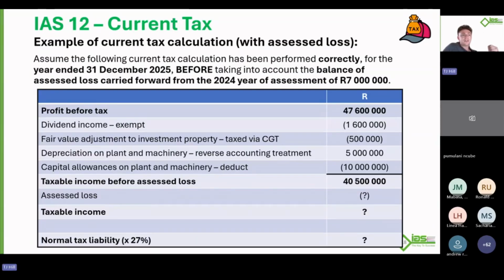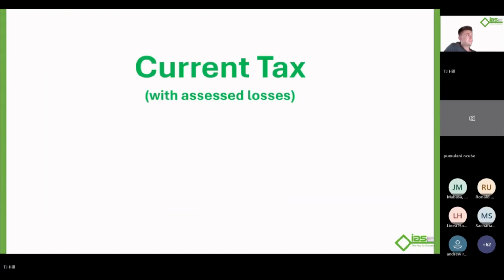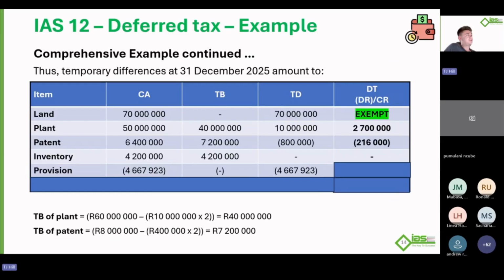Now you go on to deferred tax. Now you need to consider the deferred tax consequences. What you then do is you ask yourself, which assets and liabilities do I have? And for each and every asset and liability, you put in the carrying amount, which is easy because you've already done all of that.